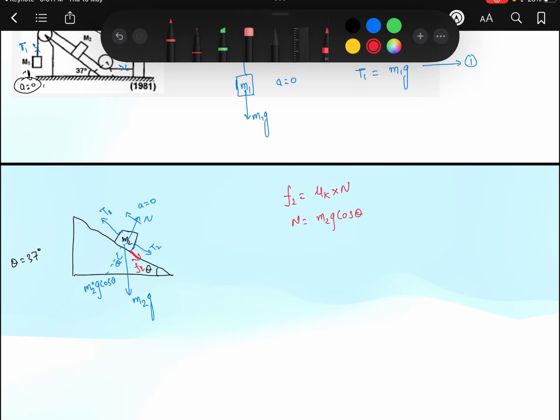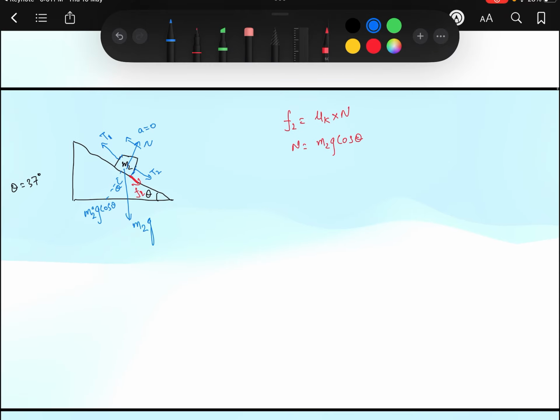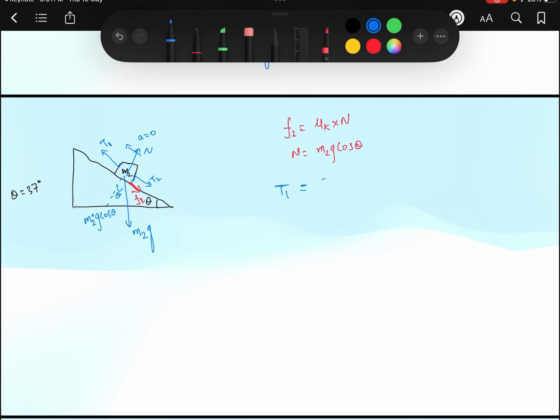So here I can write the equation of motion for this block, that the upward force will be equal to the downward force, since the acceleration of this block is equal to 0. Tension T1 will be balancing two forces, that is T2 plus this friction force F2.